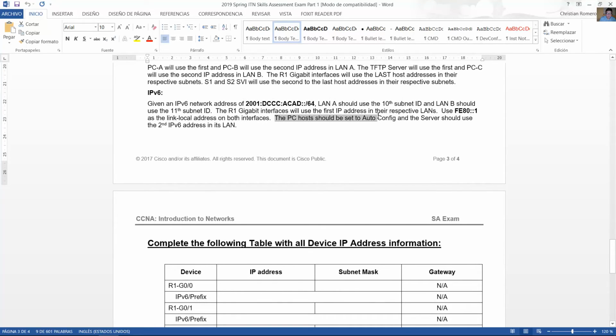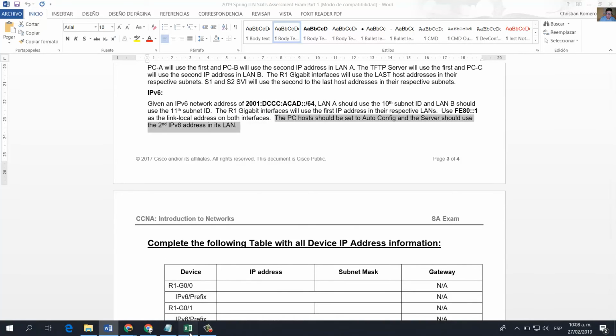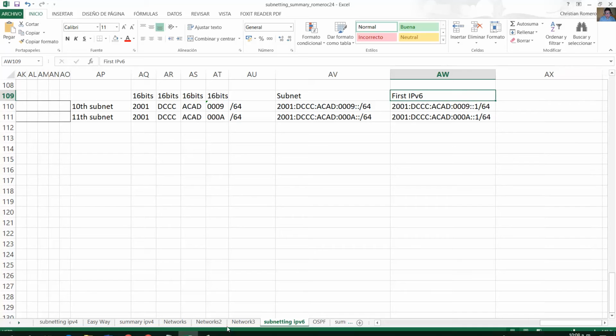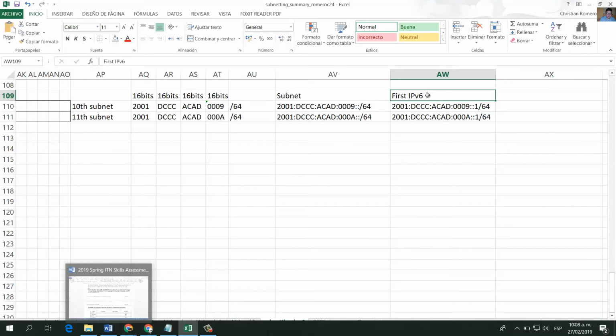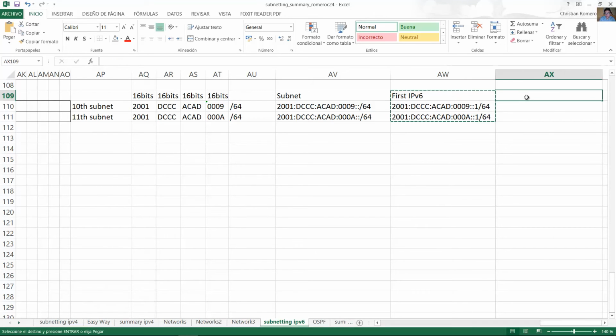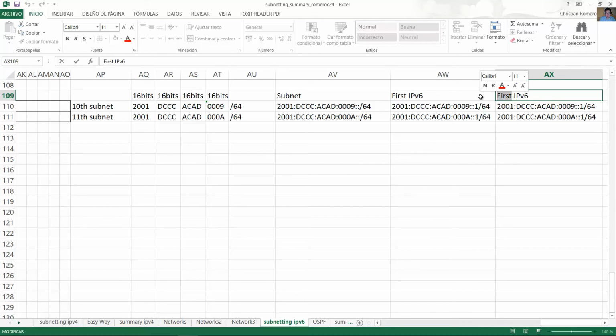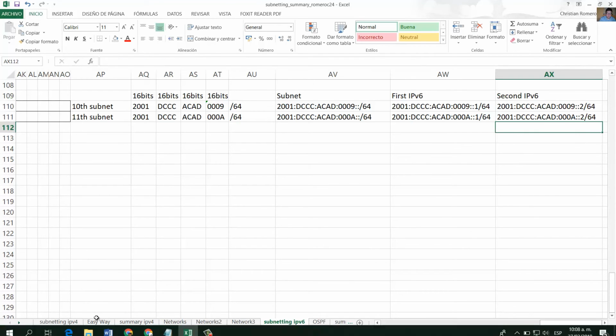PC hosts should be autoconfig and the server the second IP.